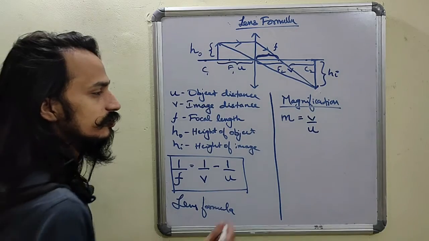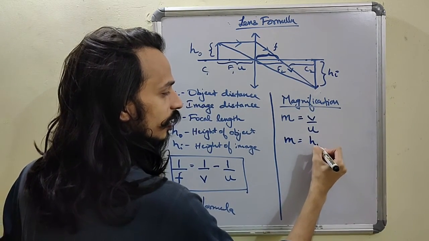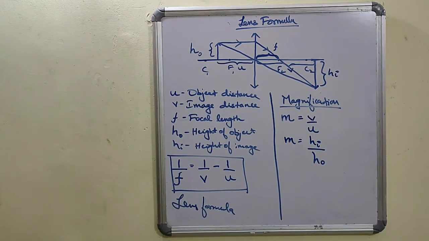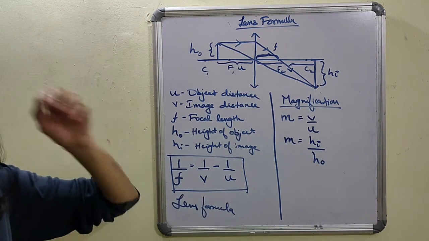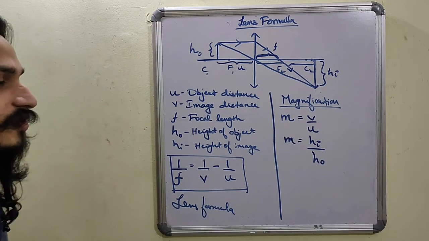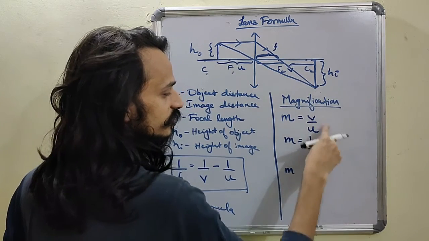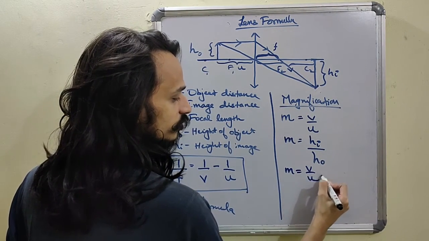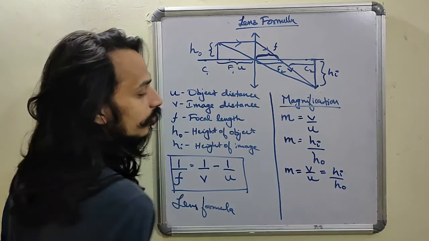You also recollect that another way to find magnification is height of image by height of object, the same as we had in the mirror chapter. So these are two different ways that we can find magnification, which also means that these two can be equal to each other. So magnification m = v/u, which is also hi/ho.